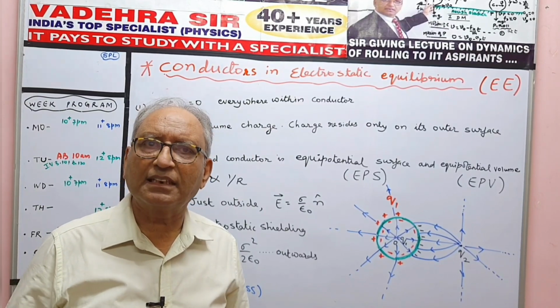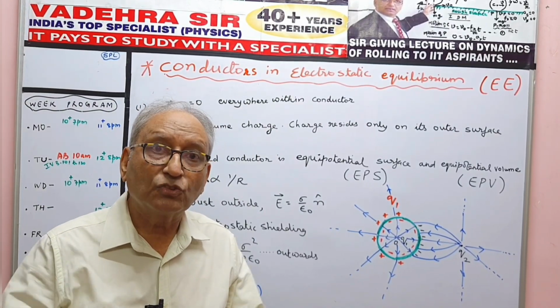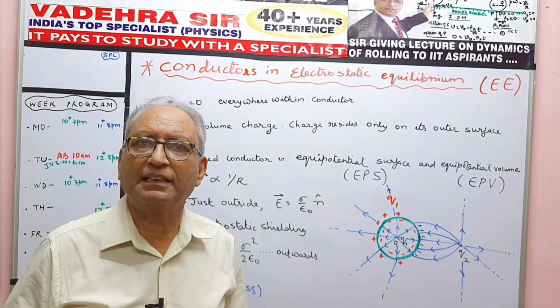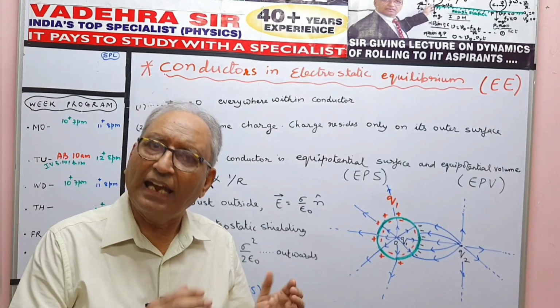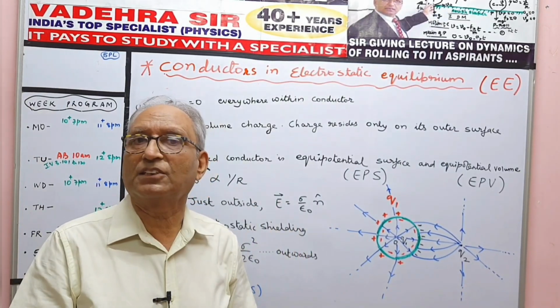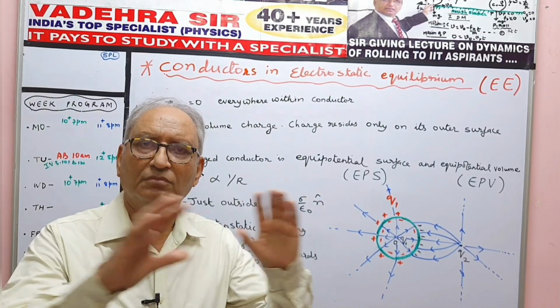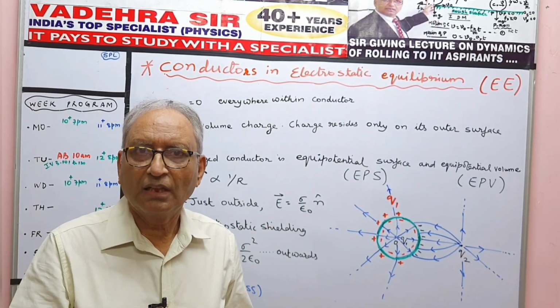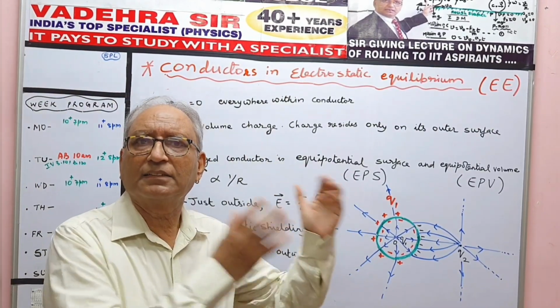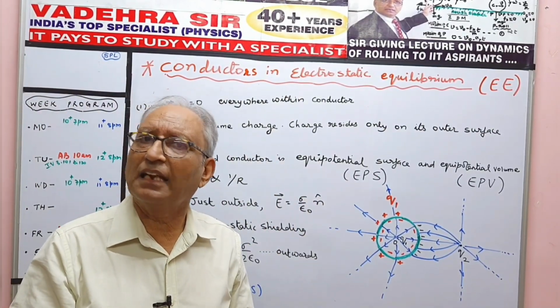If it is placed in an electric field, the electrons move to the surface of the conductor in such a manner that the resultant electric field anywhere inside the conducting material, and if the conductor is hollow, everywhere inside it, becomes zero. The conductor becomes an equipotential volume.